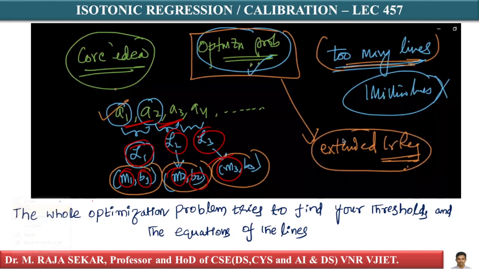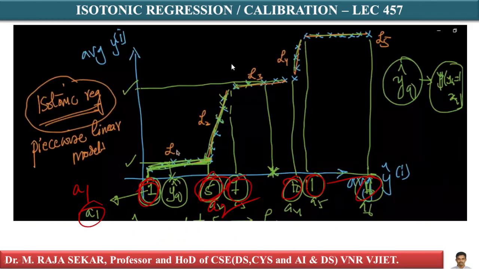This whole optimization problem tries to find thresholds A1, A2, A3, A4, and so on, and the equations of the lines L1, L2, L3, and so on, such that these points, the points from the calibration set, lie on the lines as close as possible.